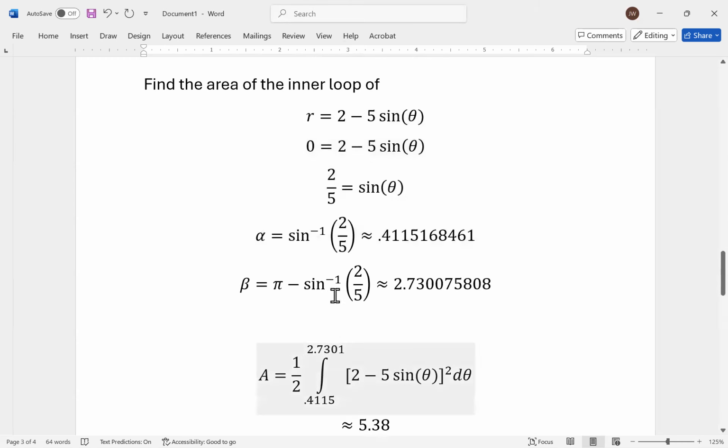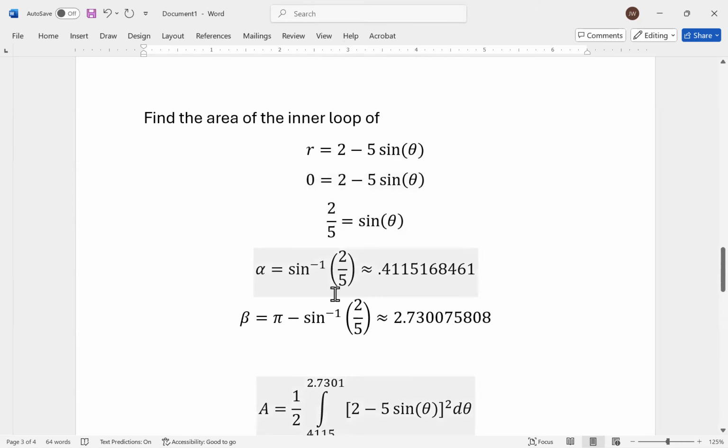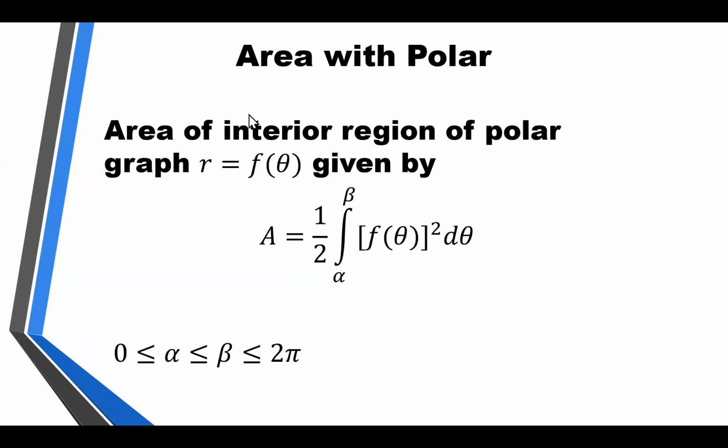All right, so that's how to find area of the interior of a polar function. That is what we do every time we try to find area when finding the interior region of some polar graph.